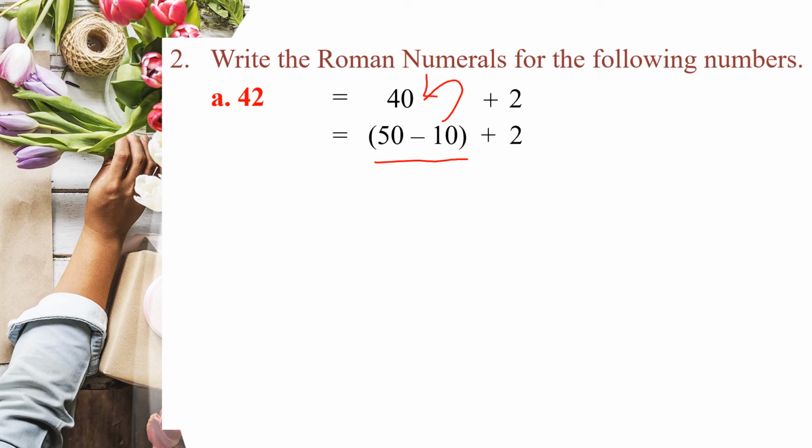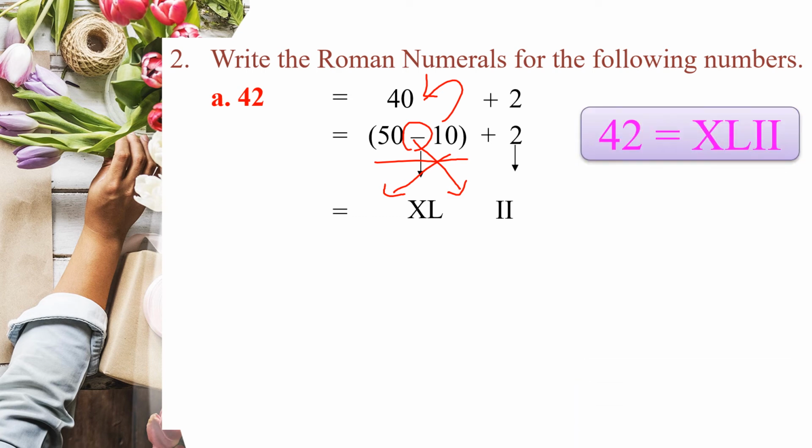If we have a subtraction operation here, then we need to write the symbol of 10 first, then 50 second. The symbol for 10 is X and the symbol for 50 is L. Therefore, XL is the symbol for 50 minus 10. Plus 2, so plus II. So 42 is equal to XLII.